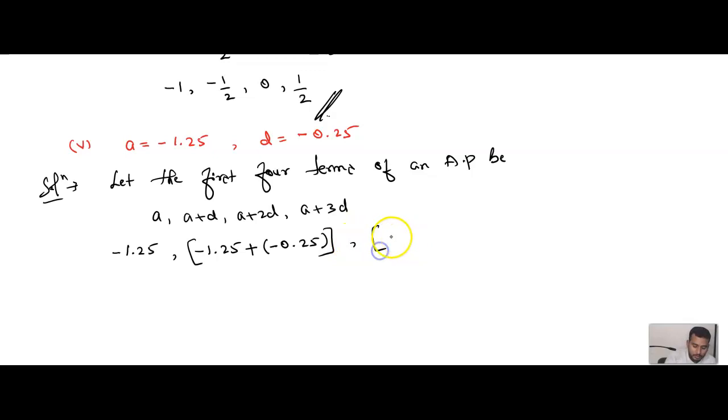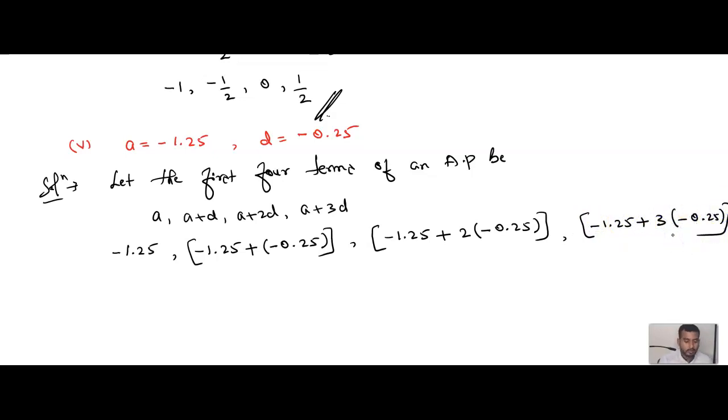Comma, again open the bracket. A value is minus 1.25 plus 2 into D value is minus 0.25. Close the bracket, close the main bracket. Then, comma, A value minus 1.25 plus 3 into minus 0.25, close the bracket, close the main bracket.